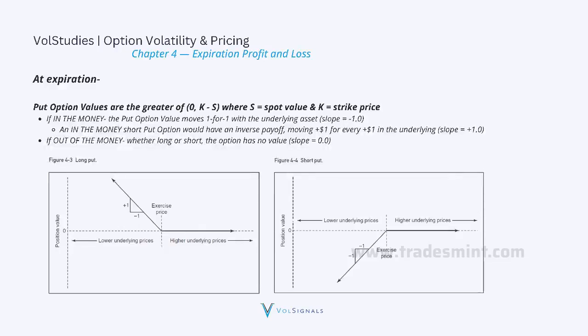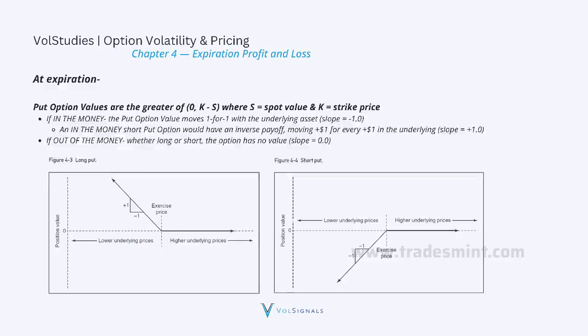Again, the difference here is the greater of 0 or strike price minus the settlement value. To the option owner, an in-the-money put option has a slope of negative 1.0, or a delta of negative 100. This simply means that it's going to move 1 for 1, but inversely with the underlying asset, just like you were short 1 unit of it.